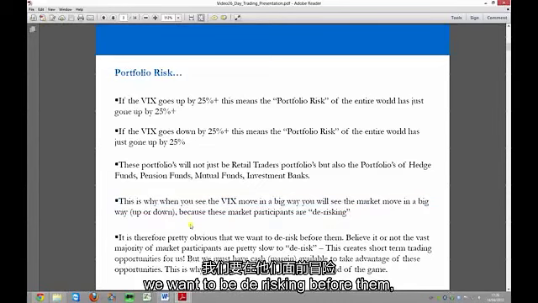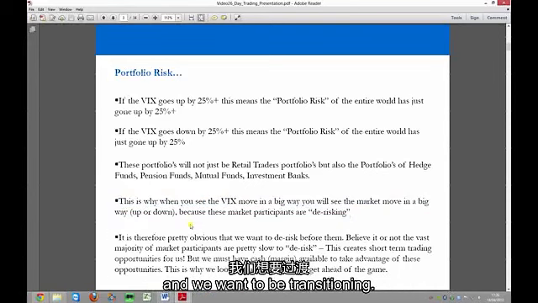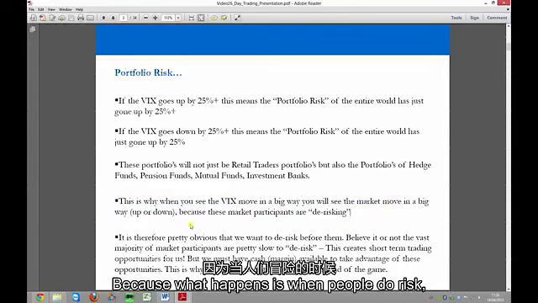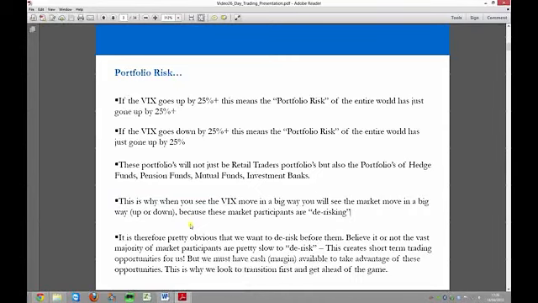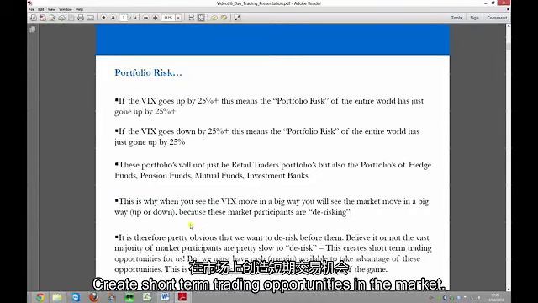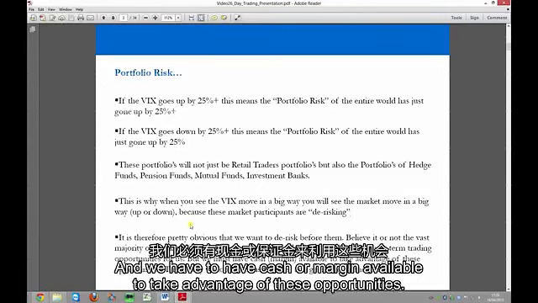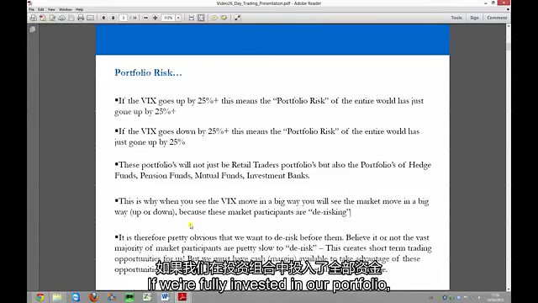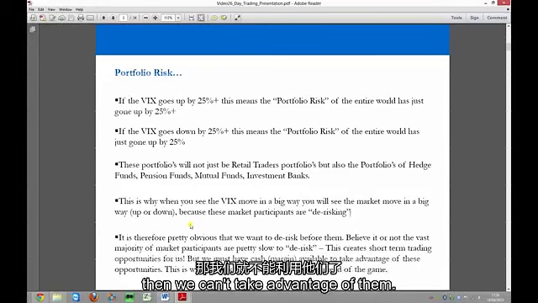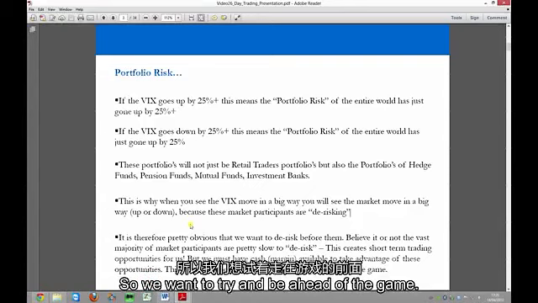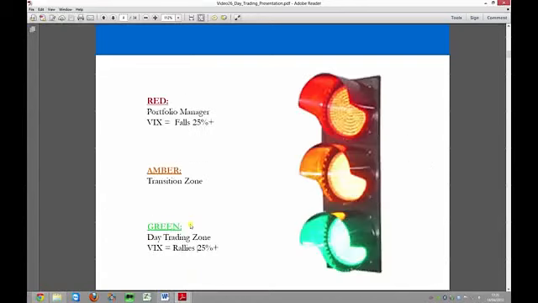We want to be de-risking before them, and we want to be transitioning, because what happens is when people de-risk, they create short-term trading opportunities in the market, and we have to have cash or margin available to take advantage of these opportunities. If we're fully invested in our portfolio, then we can't take advantage of them. So we want to try and be ahead of the game.